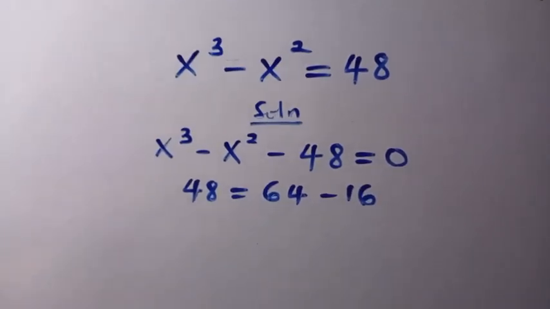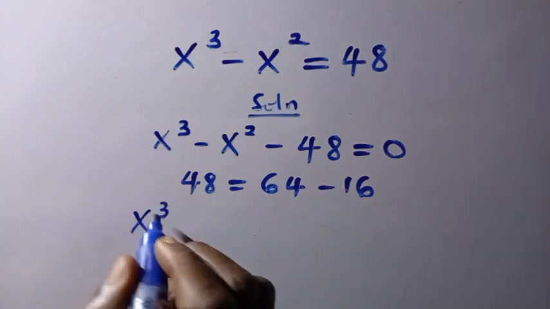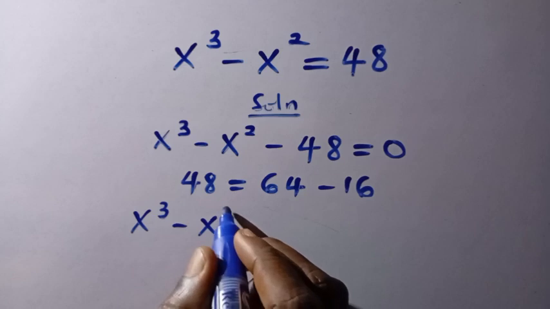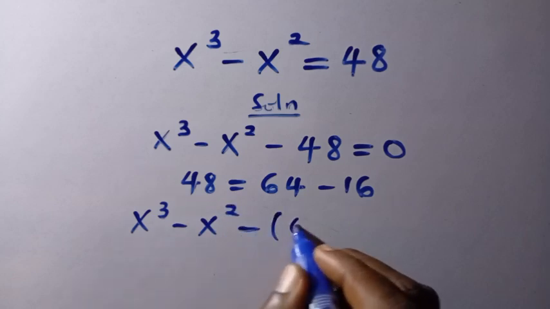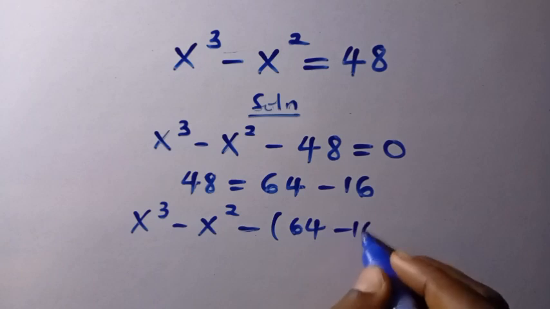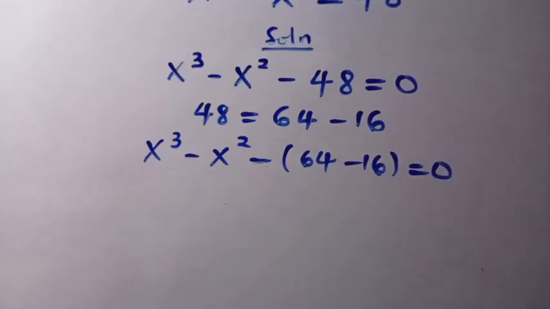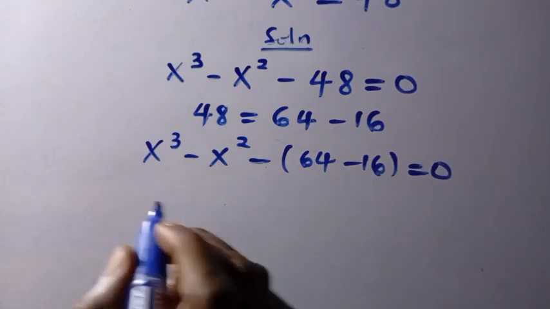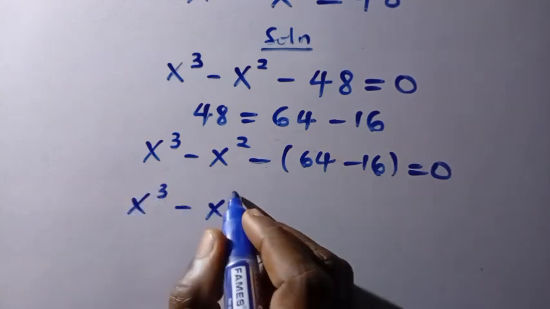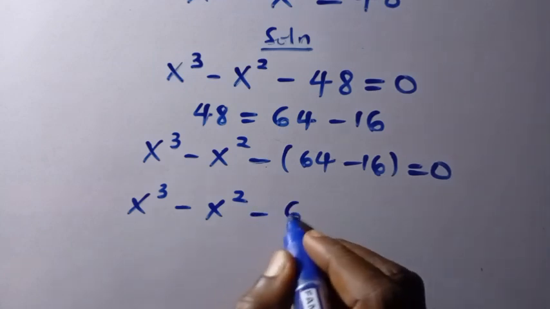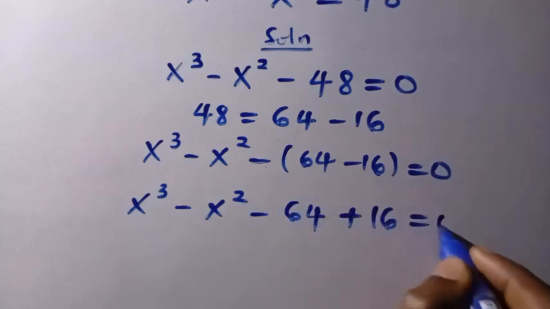Then we break this as x power 3 minus x squared minus open bracket 64 minus 16 equals 0. And by this, we open this parenthesis as we have x cubed minus x squared minus 64 plus 16 equals 0.